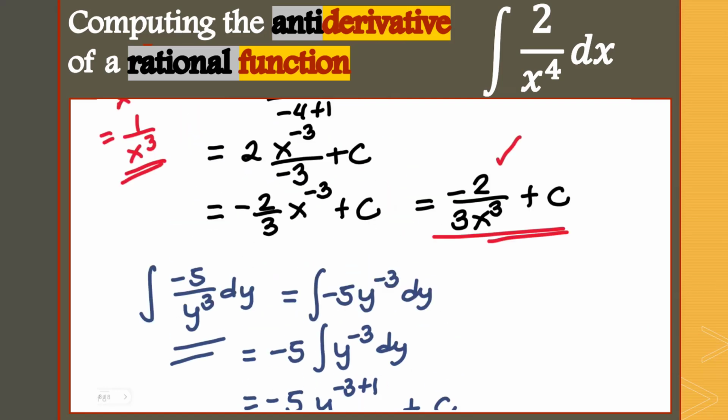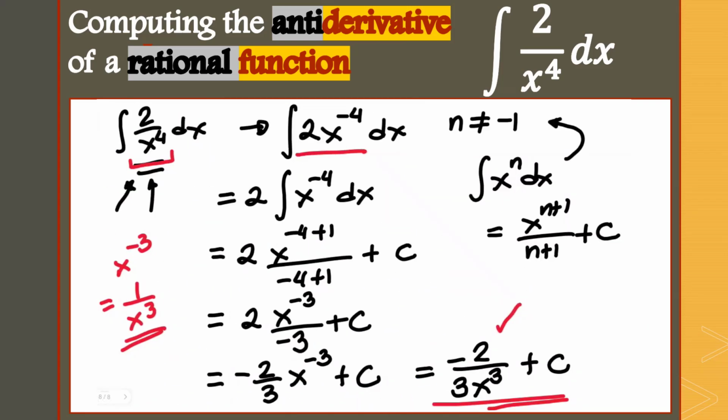This is how we illustrate the antiderivative of a rational function where our denominator is a monomial expression, and when we apply the law of negative exponent, n is not equal to -1. If those two conditions fail, then we are going to use the specific rules for the antiderivative of certain rational functions. Thank you very much for watching.